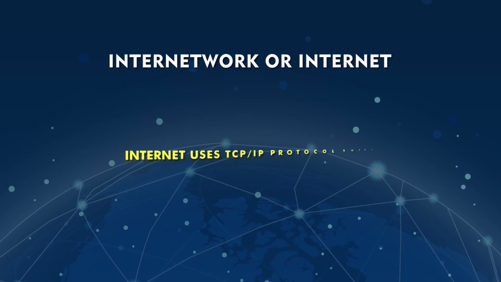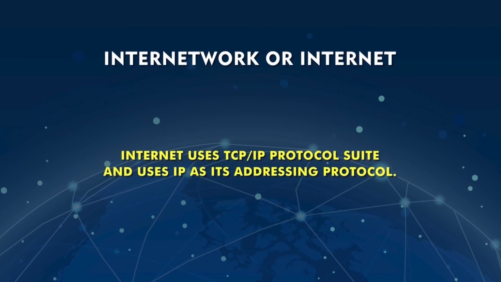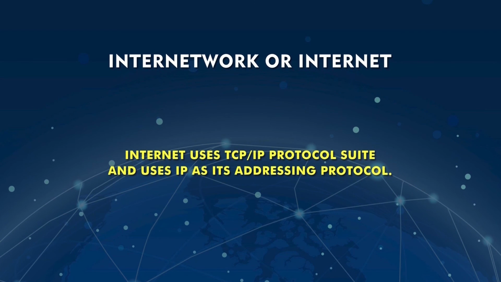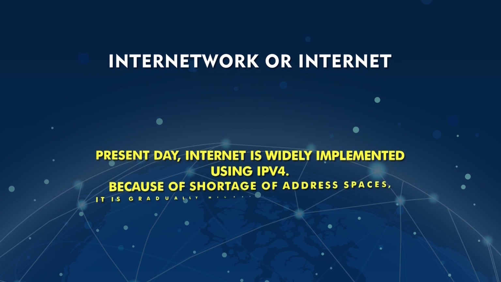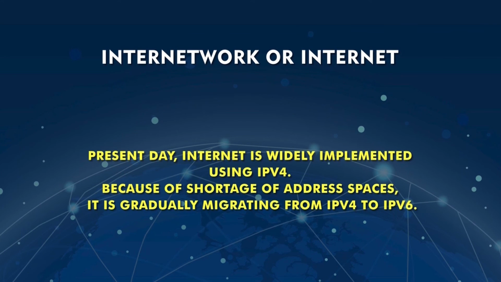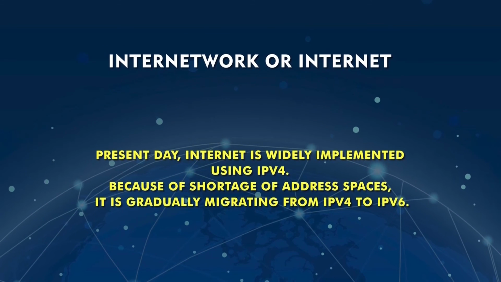The internet usually connects all the WANs, that is wide area networks, and it can have connections to LANs and home networks. The internet uses the TCP/IP protocol suite and uses IP as its addressing protocol. Presently, the internet is widely implemented using IPv4 or IPv6. Because of the shortage of address space, it is gradually migrating from IPv4 to IPv6.